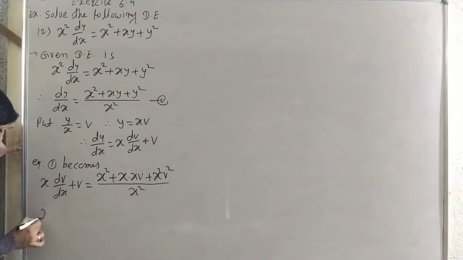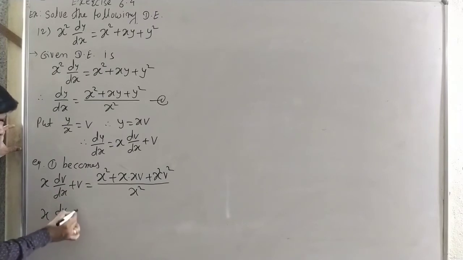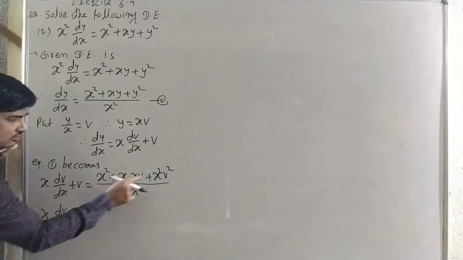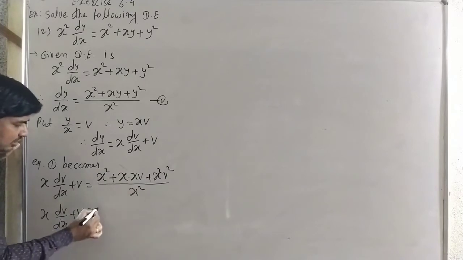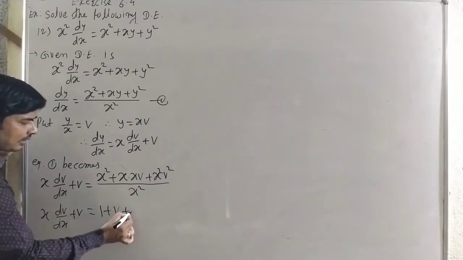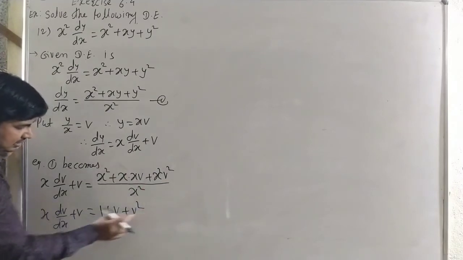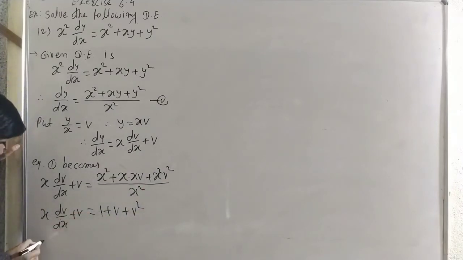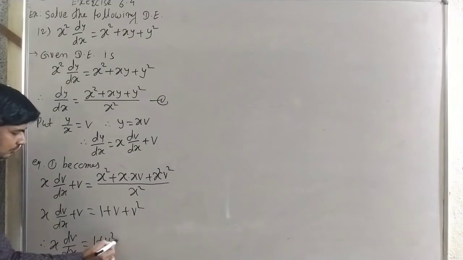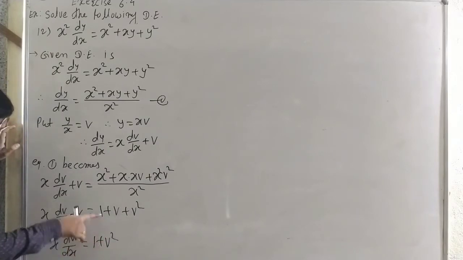And now here it is x dv by dx plus v is equal to x square common, and in the denominator x square gets cancelled, 1 plus v plus v square, and here v we can take to the RHS, it is minus v and v gets cancelled, we get x dv by dx is equal to 1 plus v square. This v and this v get cancelled.